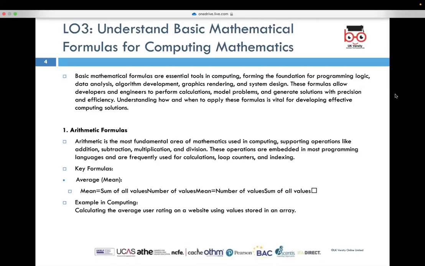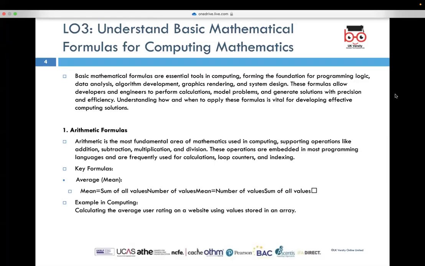There are key formulas such as average, which is also known as the mean. This is the sum of all values divided by the number of values.